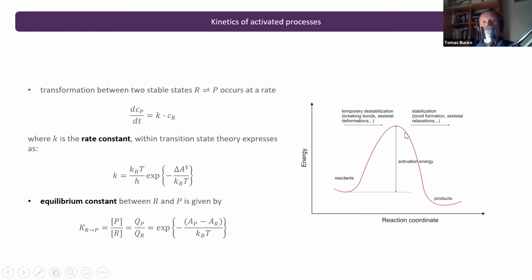From this point on, you start to stabilize the system, you form bonds, you do skeletal relaxations and things like that. The activation energy that appears here, so free energy of activation, would be the free energy difference between the top of the free energy barrier and the reactant state.